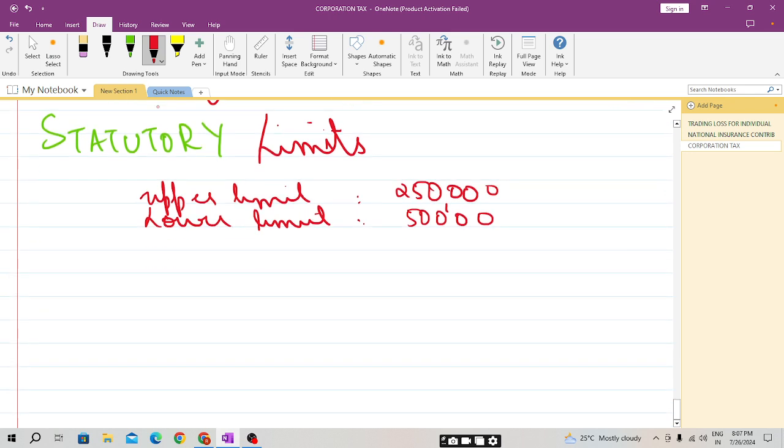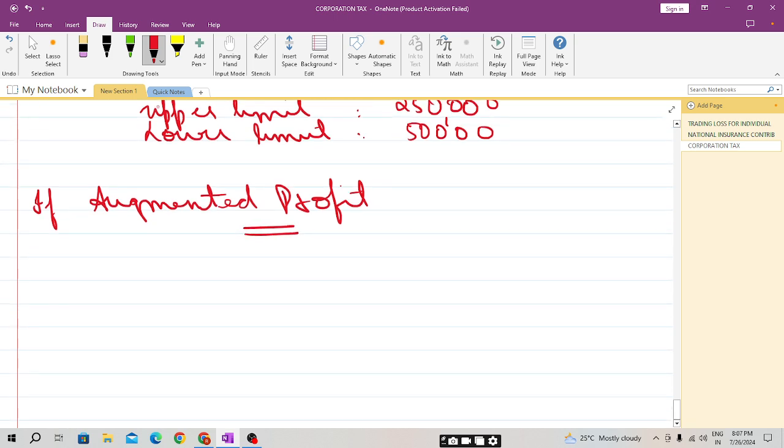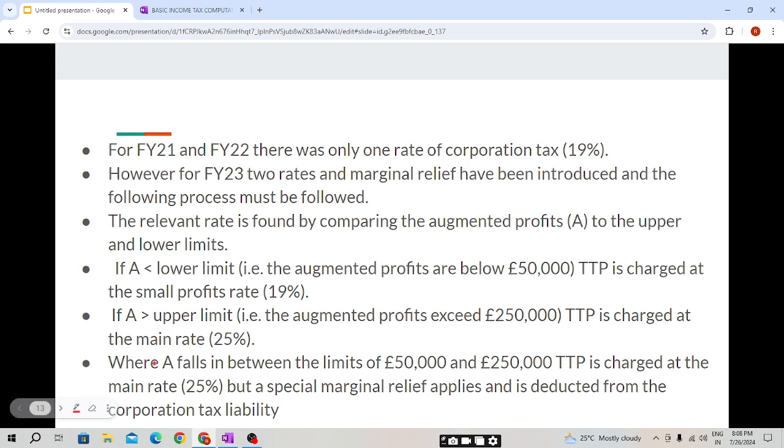Now, students, we need to look at the augmented profit. If the augmented profit is between 0 and 50,000, that is, the augmented profit does not exceed 50,000, as we have already seen here, students.